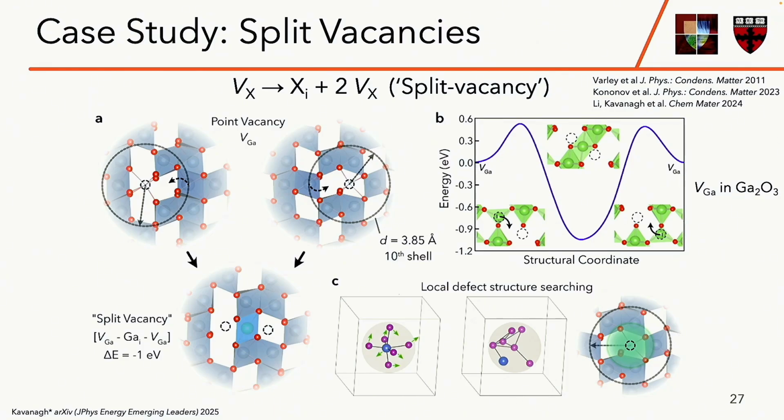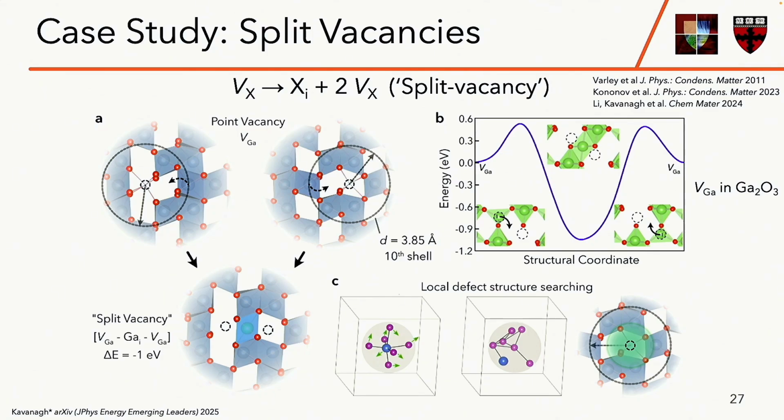These can be thought of as a complex between an interstitial and two neighboring vacancies, as shown in the figure here. If we think about going from the simple point vacancy, where we have our missing atom from the site here, a neighboring atom displaces from its lattice site into this interstitial position near the vacancy, forming this interstitial plus two vacancies complex.